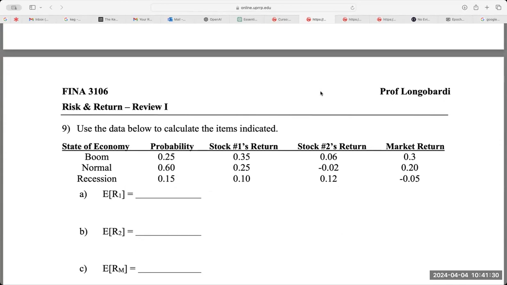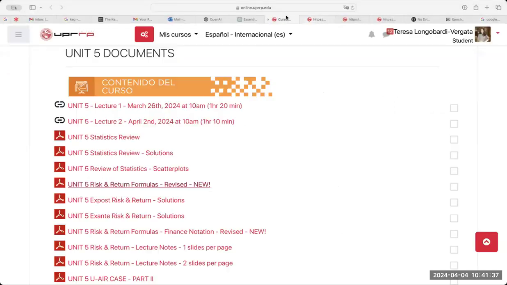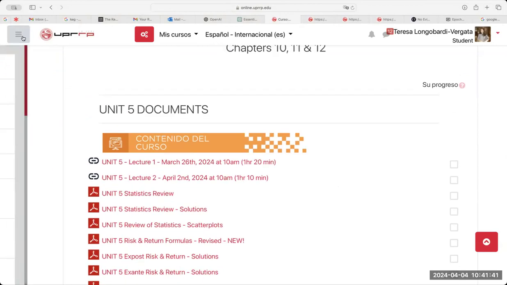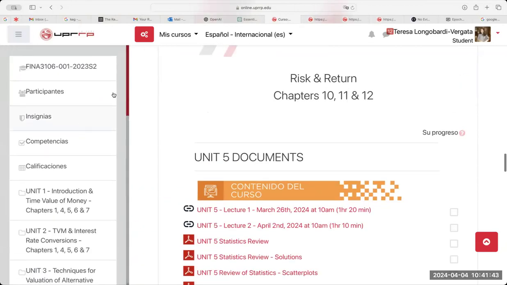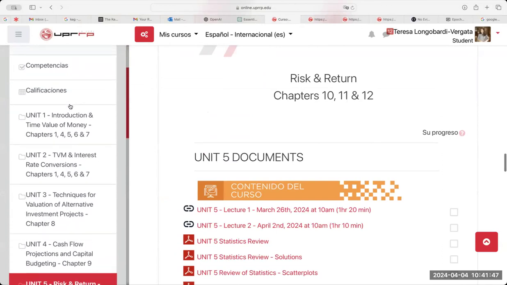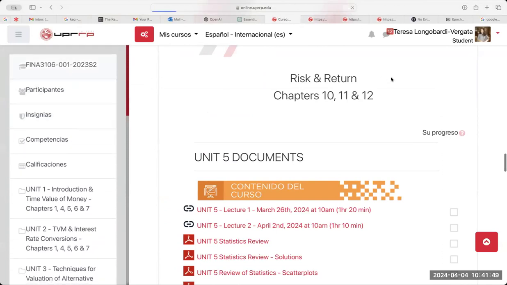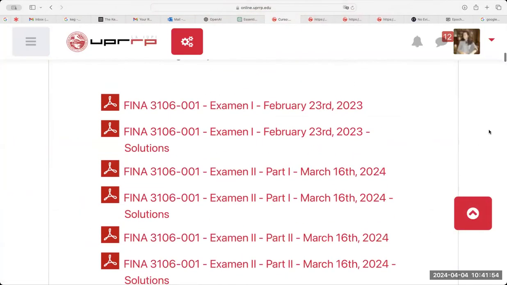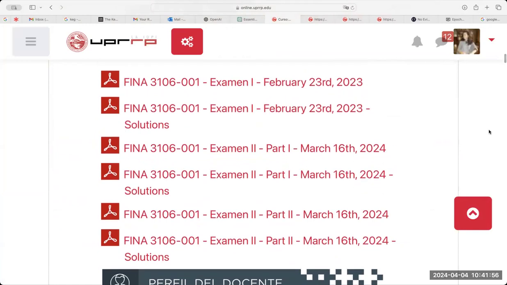All right. Also on the platform, I mentioned that, actually I'll just use this one, the same material. At the top of the platform, I put the exam solutions.